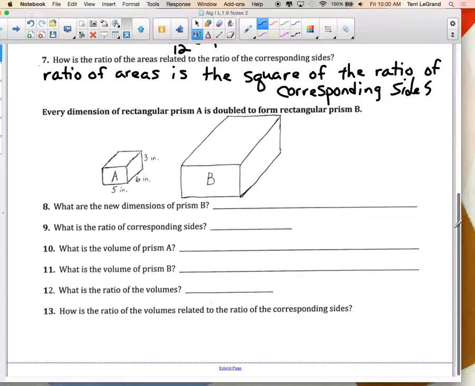So we have these rectangular prisms, and we have a prism A that has dimensions 5 inches by 6 inches by 3 inches. And we want to know what would be the new dimensions of prism B if we double, so we're still in the doubling category, if we have a scale factor of 2. Let's put that here. Again, it's being doubled, so scale factor of 2.